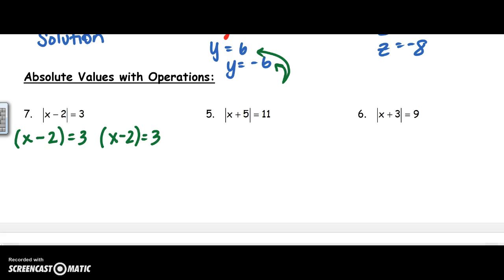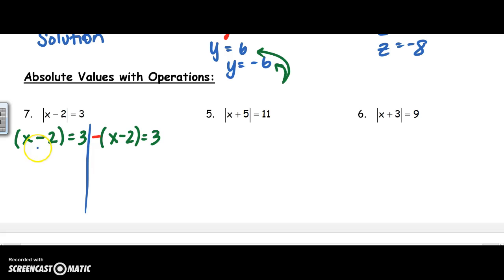One answer was positive, one answer was negative. So in front of only one of your parentheses, make sure you put in a negative symbol. So we're going to go through and solve these equations separately. So I'm going to draw a line so we know we're going to have two answers.